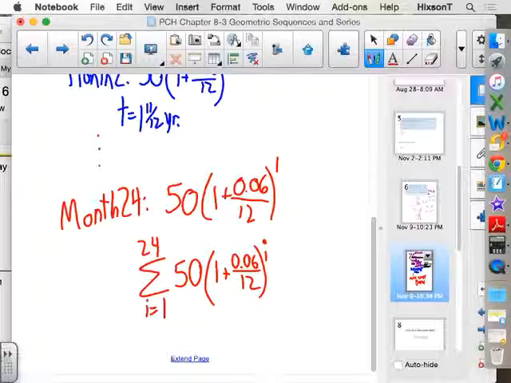Or we could use n's, it doesn't matter. But does that make sense? The advantage to writing it this way and recognizing it as a geometric sequence is now we can use our formula. Okay? Yeah, did you have a question?